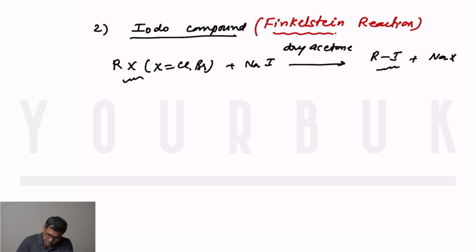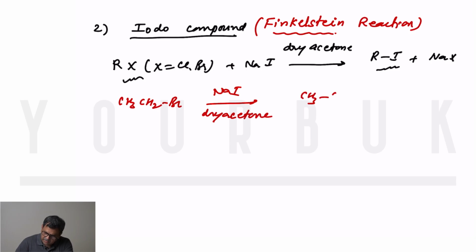Now one example: suppose you are given CH3CH2Br and you are reacting it with NaI in dry acetone. It gives iodoethane. So this is a Finkelstein reaction and a very good method to prepare iodo compounds. Now we'll discuss two conversions.